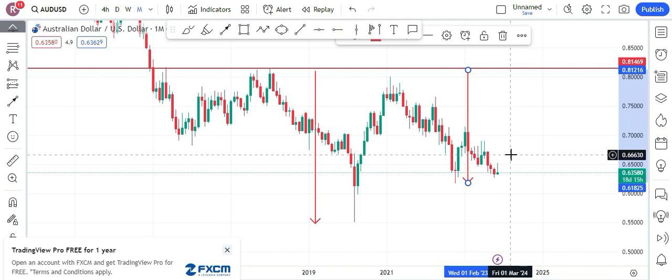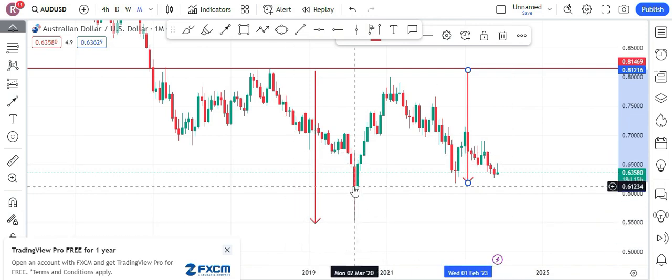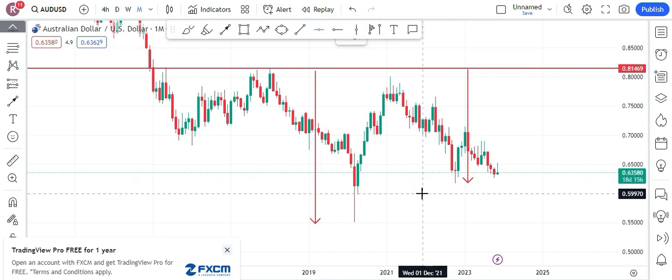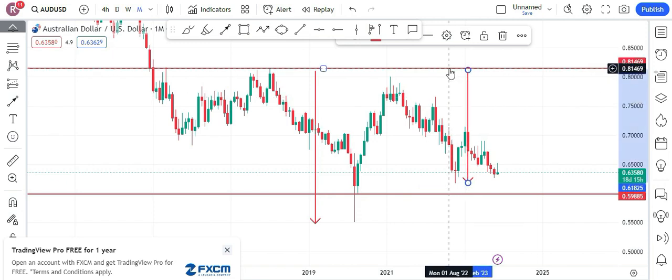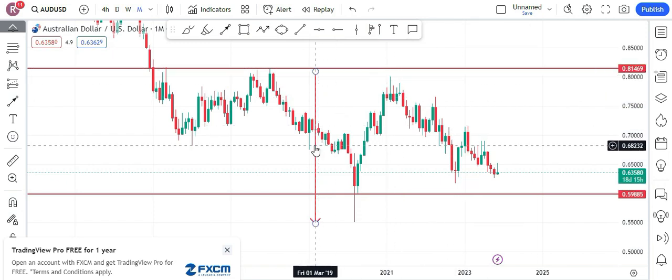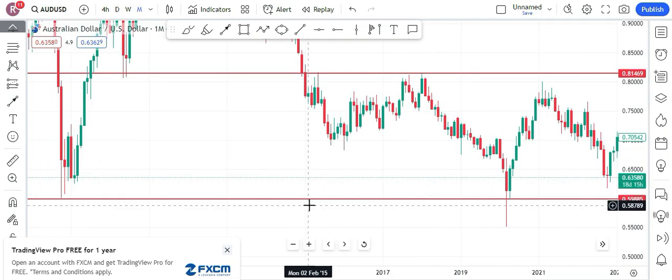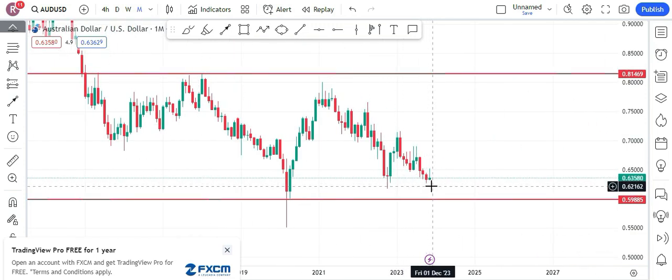So let's take the range, not to extend this. We take this shadow as a glitch in the market. So let's put it something like this. So in this range, the market has been going on for a long time, from 2015 till date.